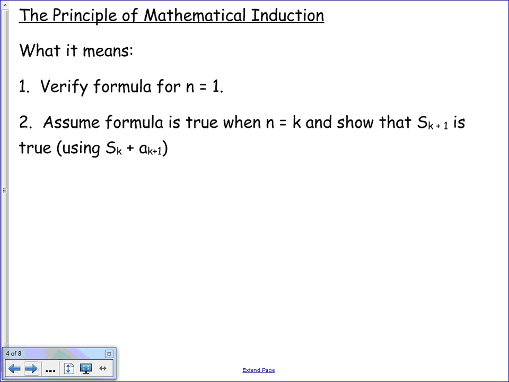Now, that piece where we're using S sub k plus A sub k plus 1, you'll see that in our first proof. I'll label that for you. This is where we're getting that. But each proof by mathematical induction works the same way. So we have the same chunk.